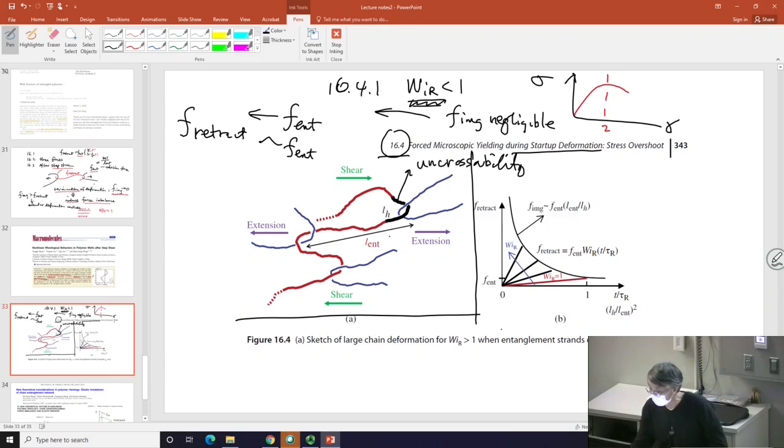Okay, that's why the yield occurs at a level not much beyond gamma equals 1. So I will assign this as reading. You can read that little paragraph on this section. I will not say too much about it.